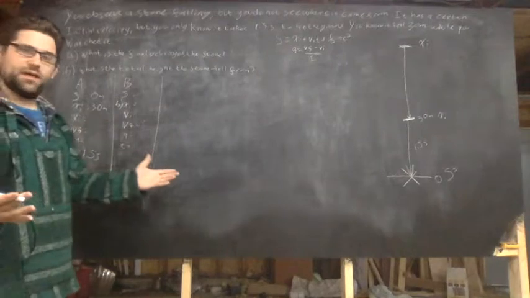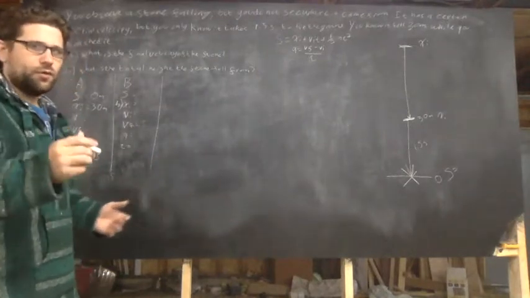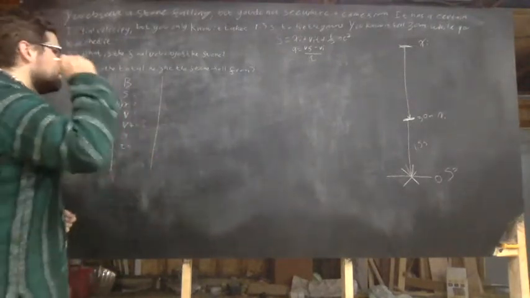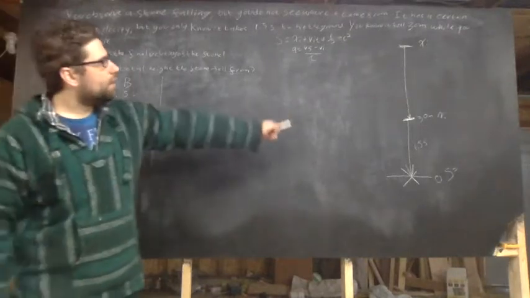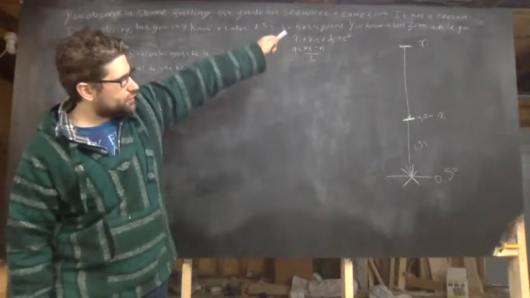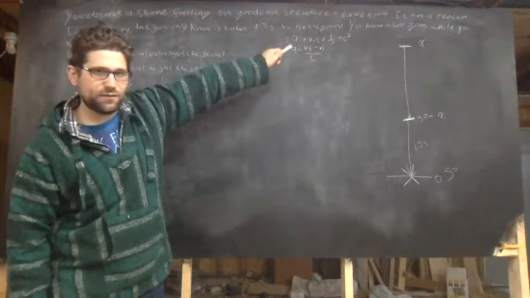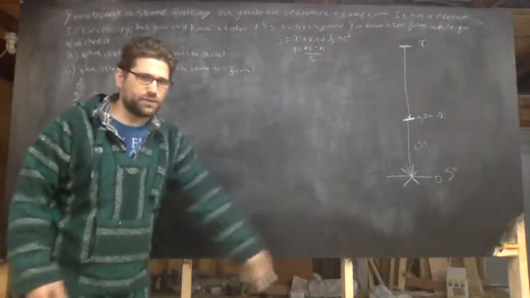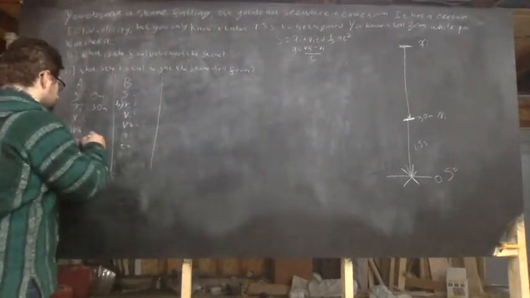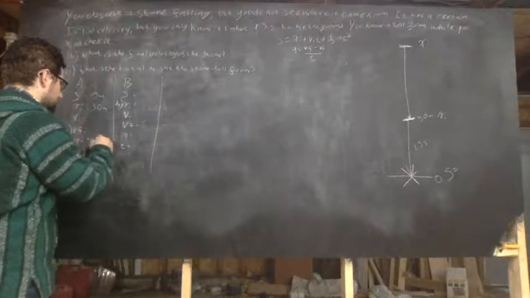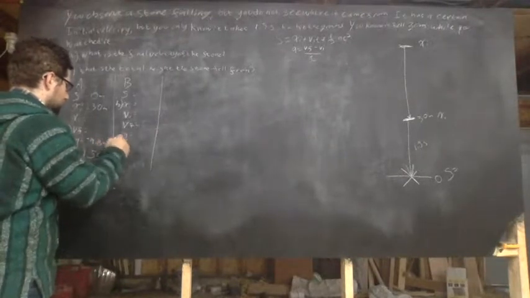Acceleration. This is a free fall problem, so I know my acceleration. It is negative 9.8 because my position upwards is positive, so anything downwards has to be negative. Negative 9.8 meters per second squared.